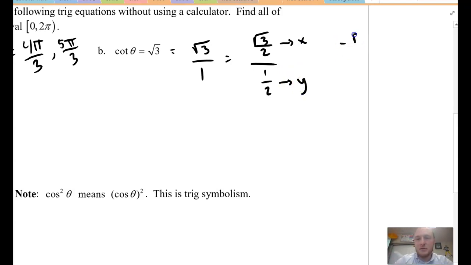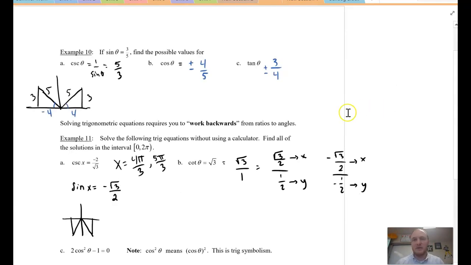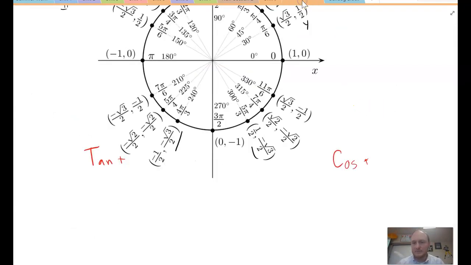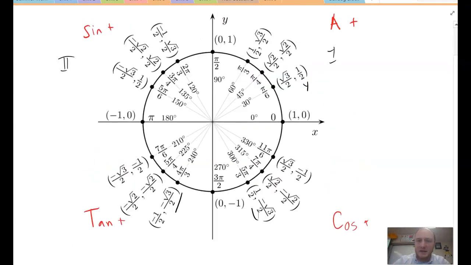And also with tangent and cotangent, even though it's positive, it could be a double negative. So you could have this situation where you're in quadrant 1 or you're in quadrant 3. So where is my x value? Negative root 3 over 2. And where's my y value? Negative 1/2. We get that here at pi over 6 and here at 7 pi over 6.